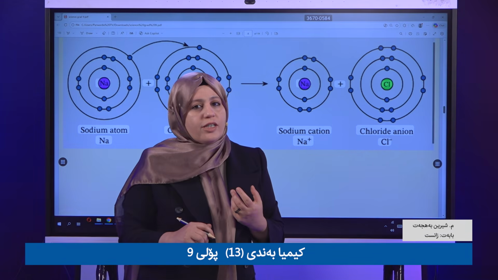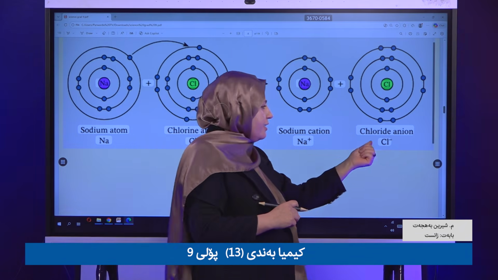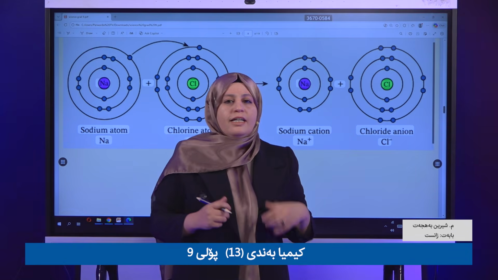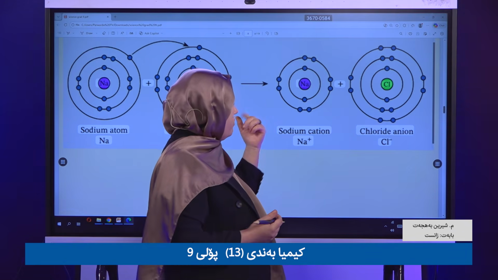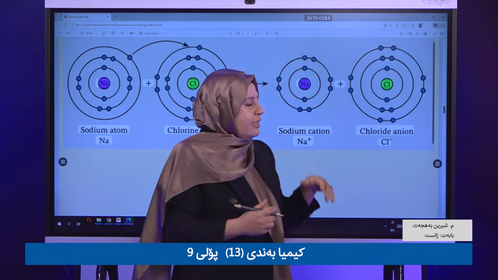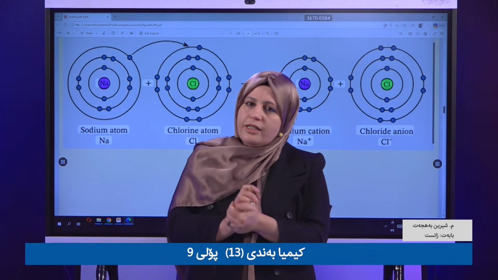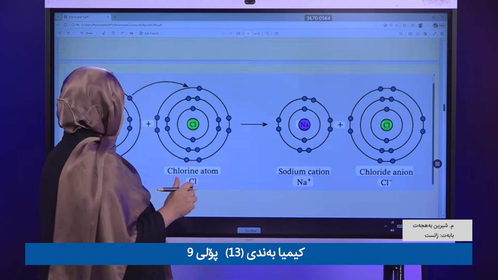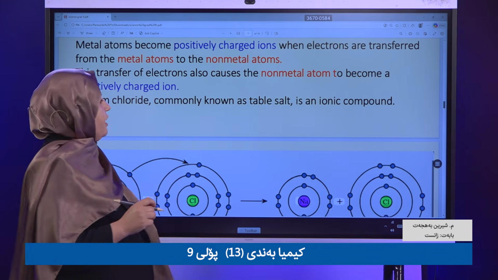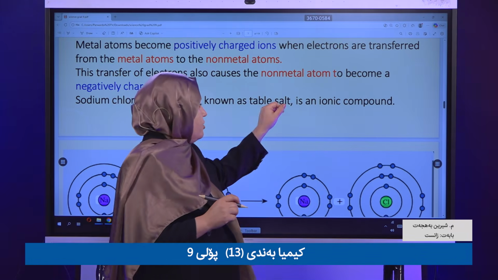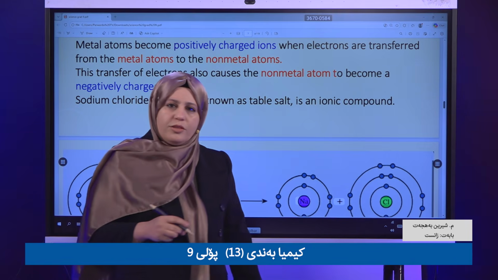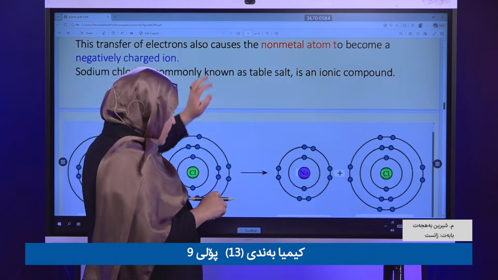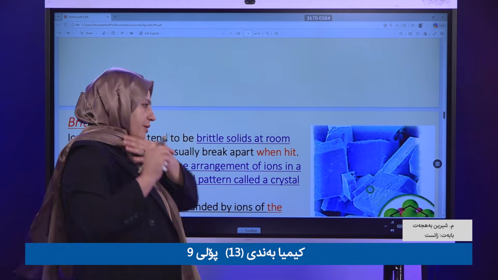Why? Because it gained one valence electron from sodium, and together they form sodium chloride, which is present in our kitchen. It is salt, and it's very important for your health. You should take it, but in a small amount.